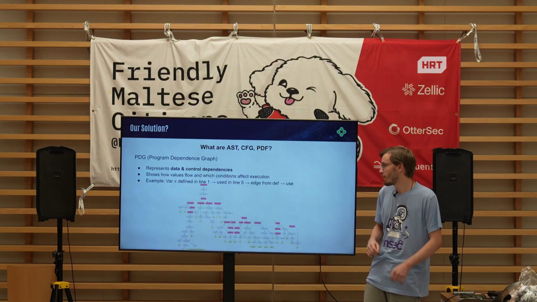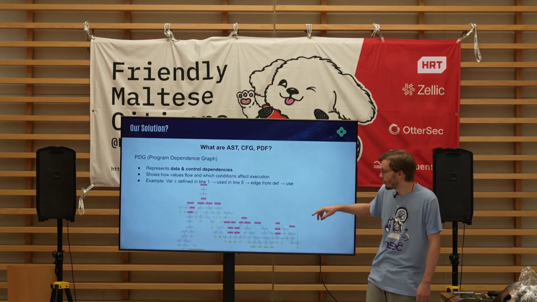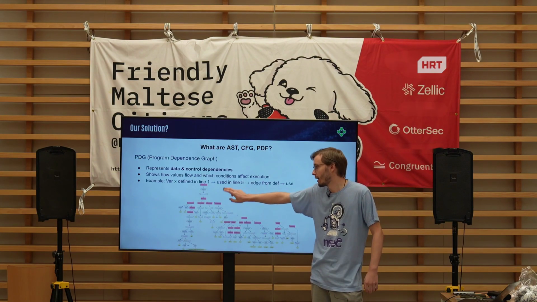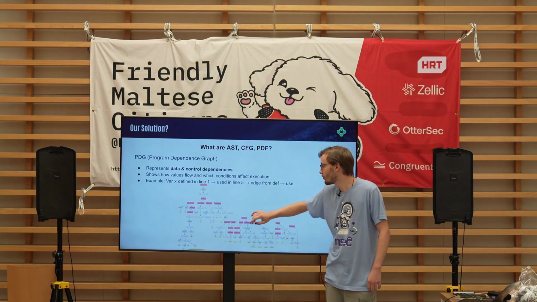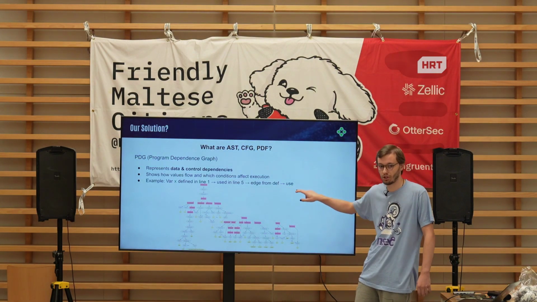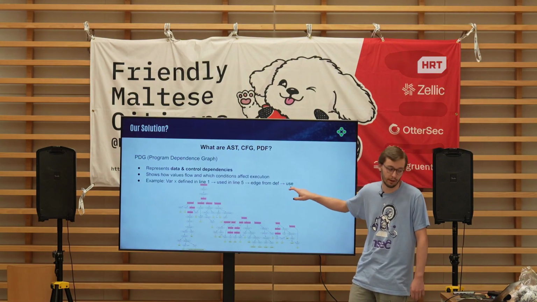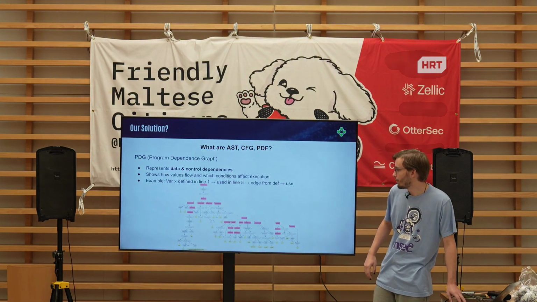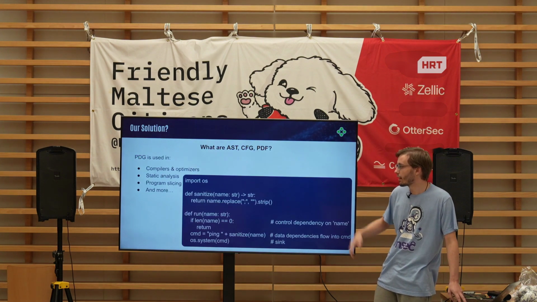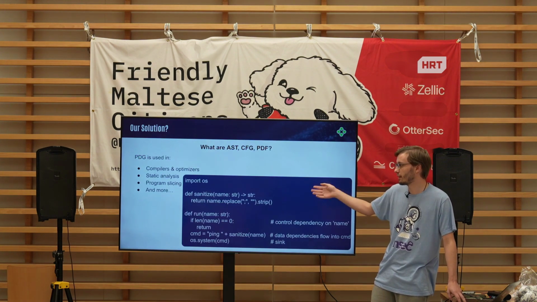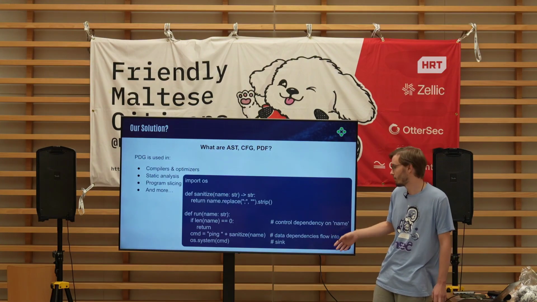Where does it go? For example, if you had a program that defined X in line 1 and it's used in line 5, you could tell the def-use chain. So definition would be line 1 and use would be line 5. It's used in a lot of things, again, compilers and optimizers, but also static analysis, program slicing, etc.